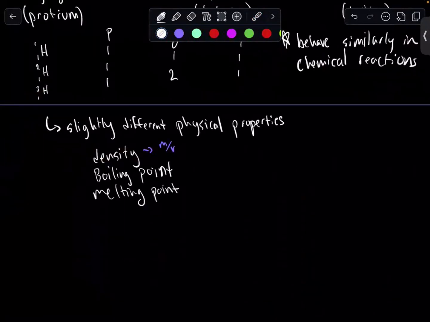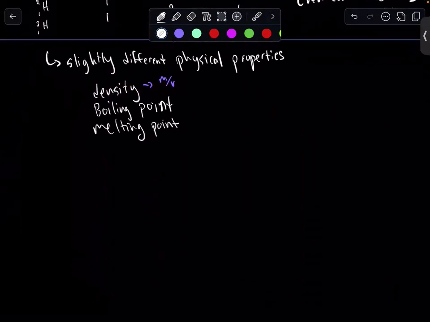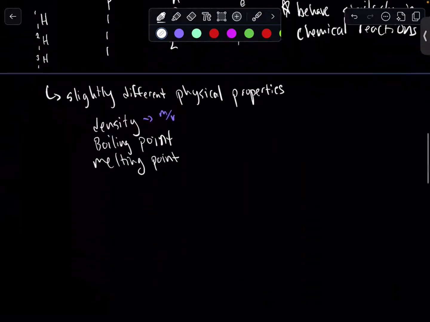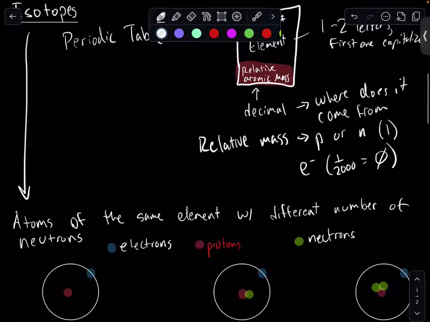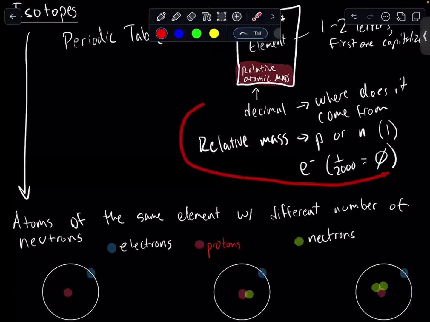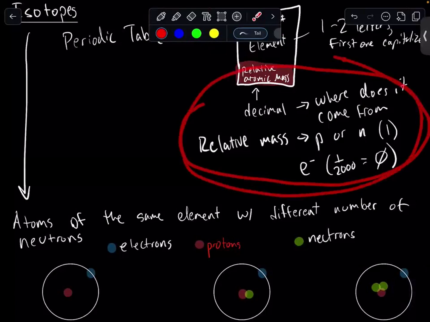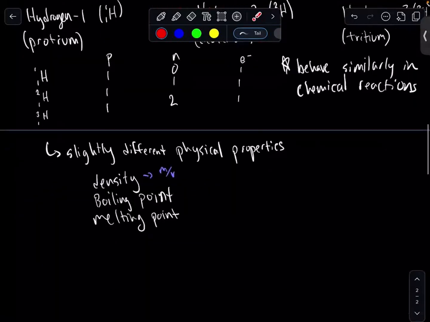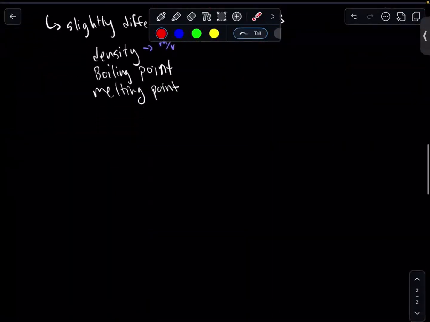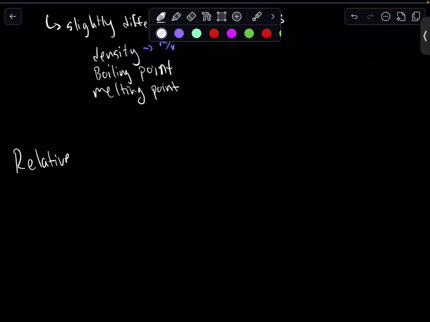Let's move on to the next aspect, which is the question we asked earlier. So, where does relative atomic mass come from? How do we get that? Well, it's actually not as bad as you might think. Relative atomic mass, which we write as A subscript r.